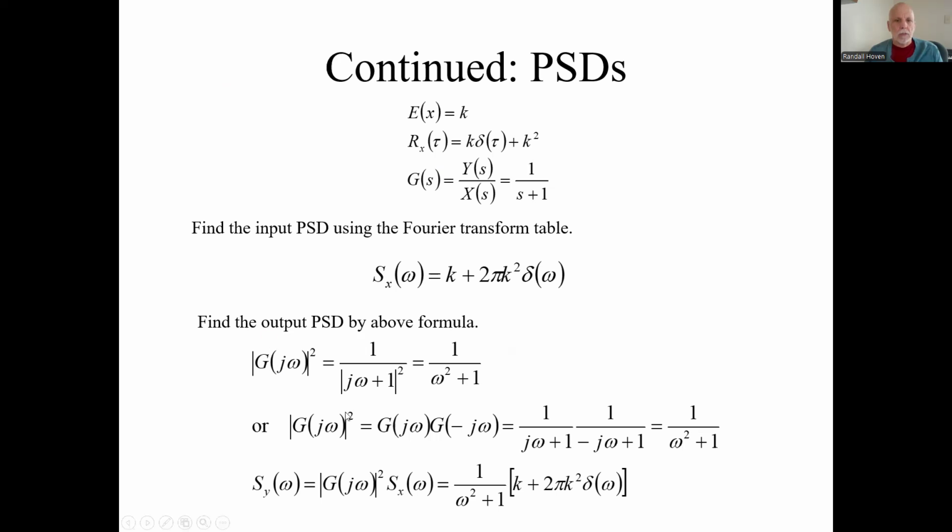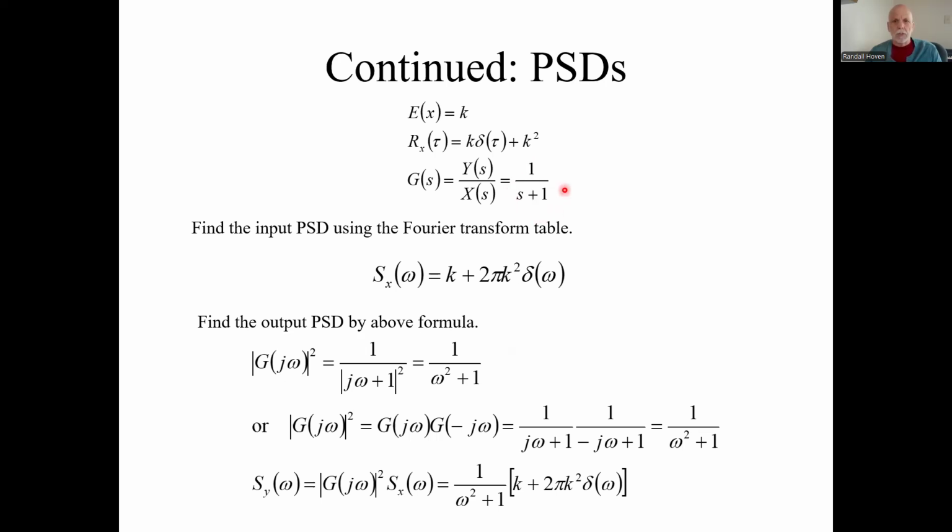The formula is going to be this times, well, we'll say it's this. There's the input power spectral density, output power spectral density, and we need this thing in between. There's 2 ways to calculate it. Here's one way. It's a complex number. Take the magnitude of it.